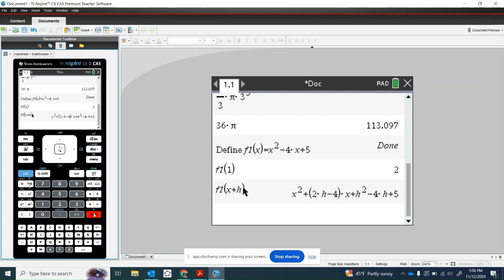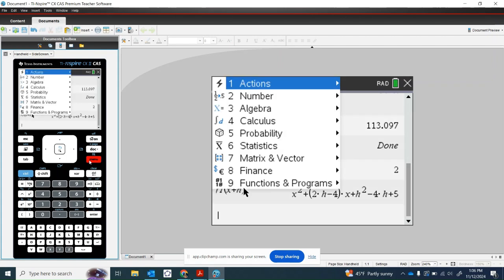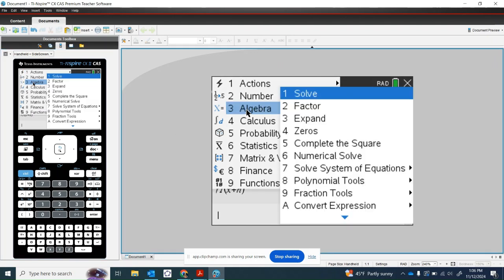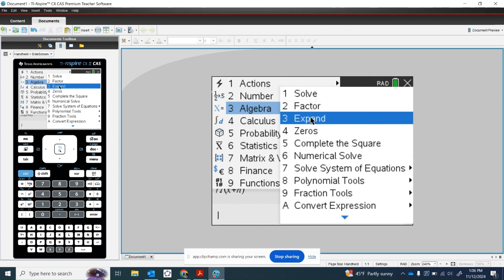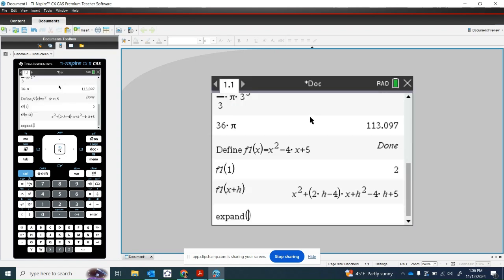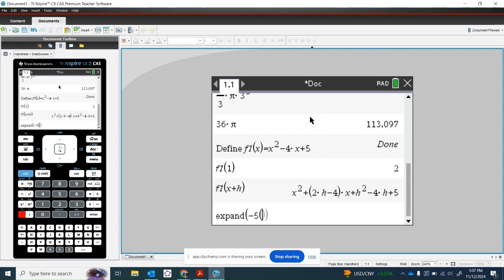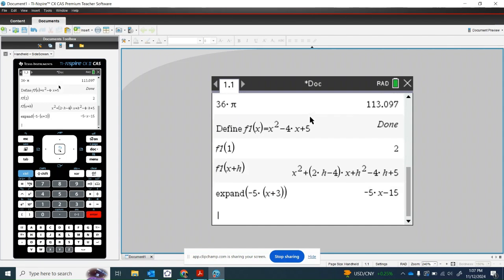I can use, so let's look at some of the algebra tools here. So algebra, I showed you factor last time. So expand, this will distribute for you. So if I had -5 times the quantity x plus 3, it's going to distribute that out.